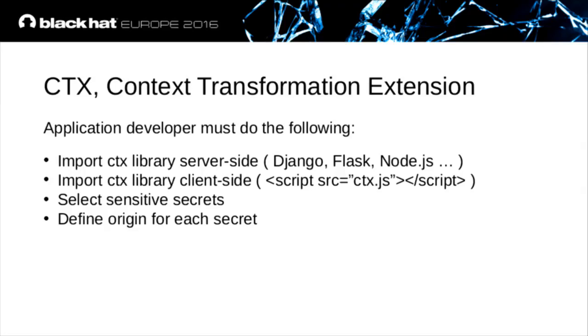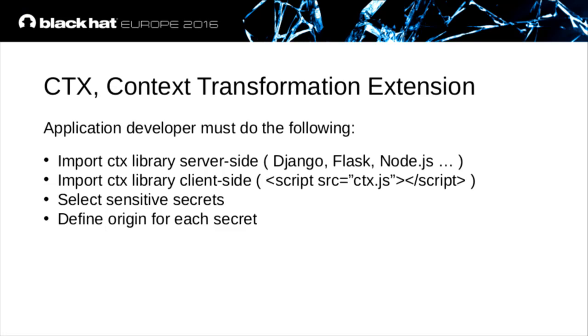What the application developer has to do in order to include the CTX defense in their application is import two libraries, one for the server side for the specific web framework they use, and one for the client side. Then they need to select which portions of the content are considered sensitive secrets and define an origin for each secret.